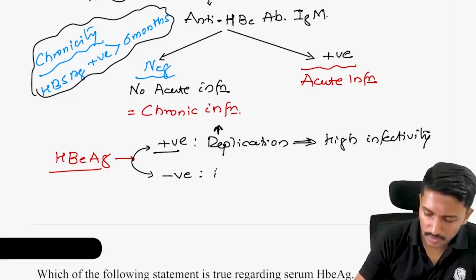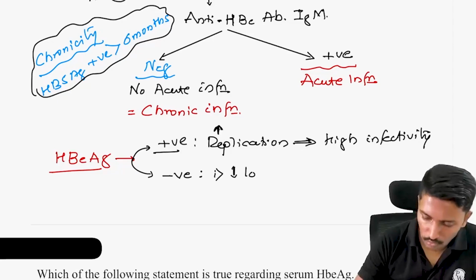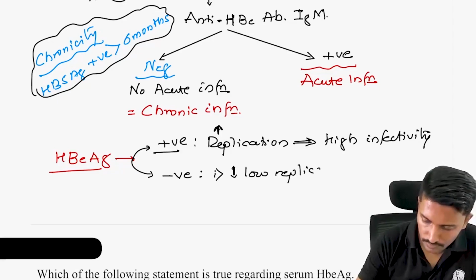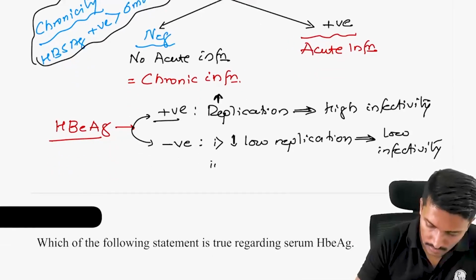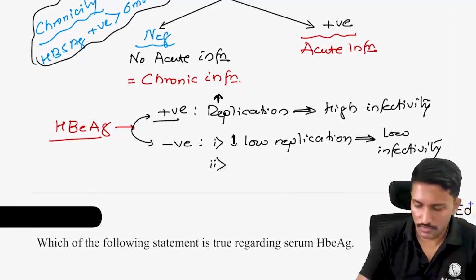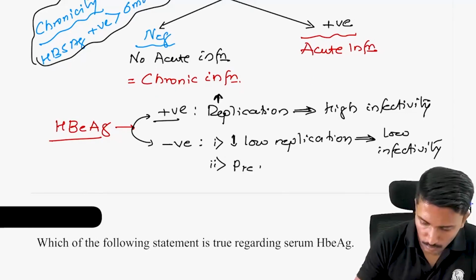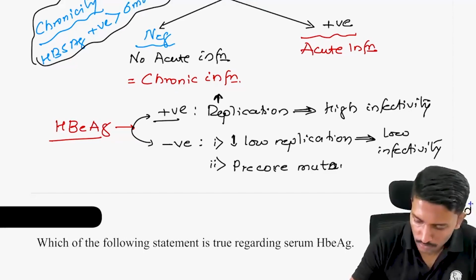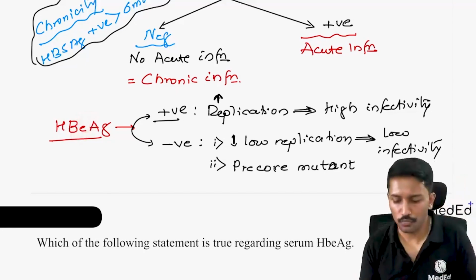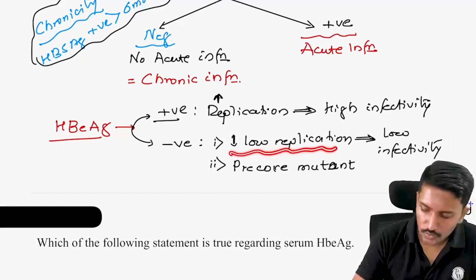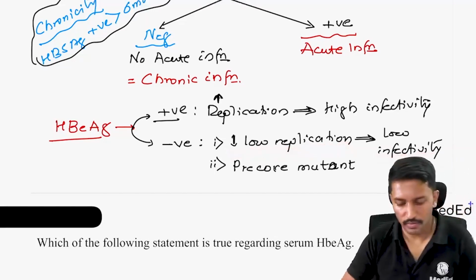First, there is low replication, and that means there is low infectivity, or the other possibility is that the virus has got a mutation. We call it a pre-core mutant. So either it could be a pre-core mutant variant, and in those cases there is no production of the E antigen, or there is genuinely low replication, and that is why we have HBeAg which is negative.